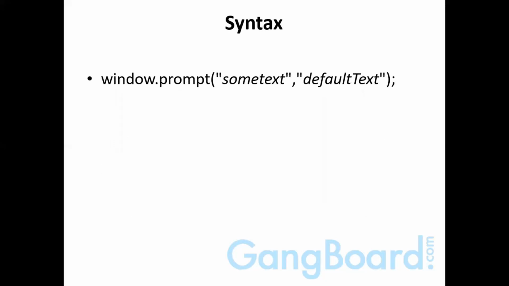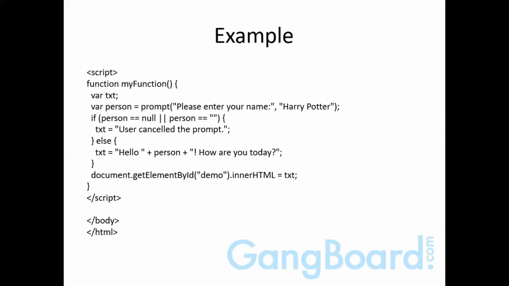So here is the syntax for prompt: window.prompt, then the text you want to display, and then the default text you want to show. In this example you can see myFunction where the person is prompted 'Please enter your name', with the default Harry Potter. If the user enters a value, I will get the value, such as Harry Potter.